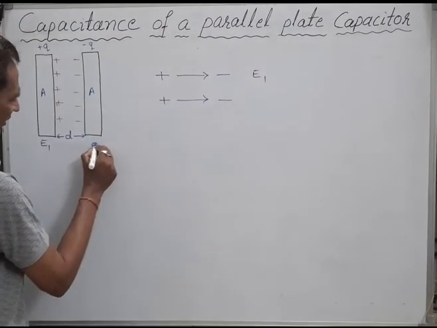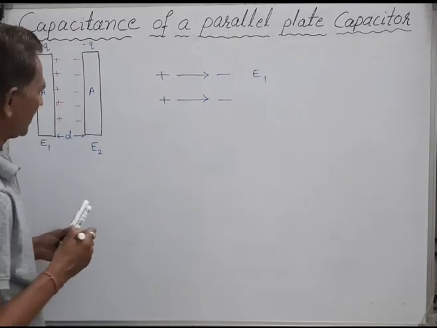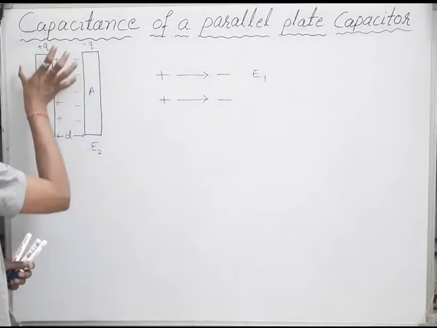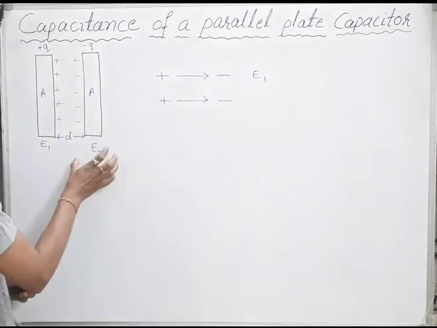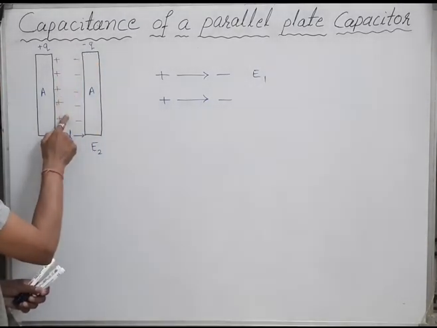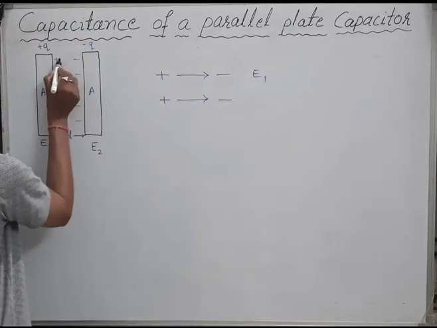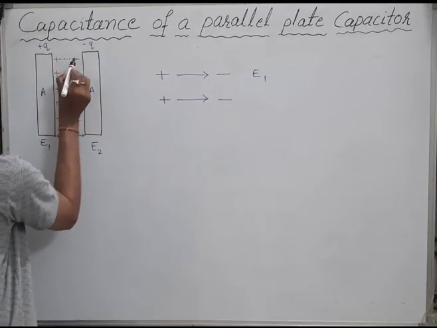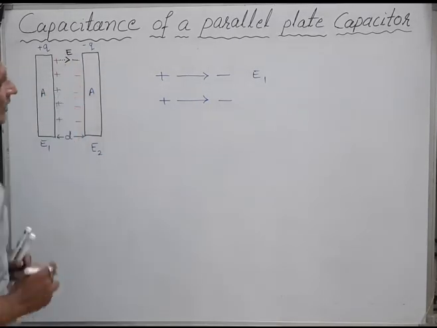Therefore, the electric field found is considered as E2, and we get on each plate electric fields E1 and E2. The net electric field we may find at this place, and that is denoted by E. It is the net electric field.